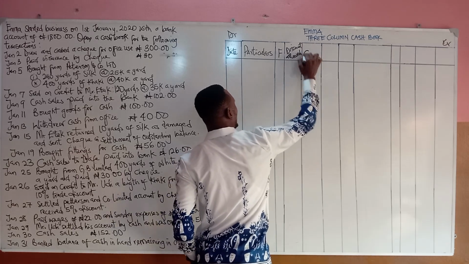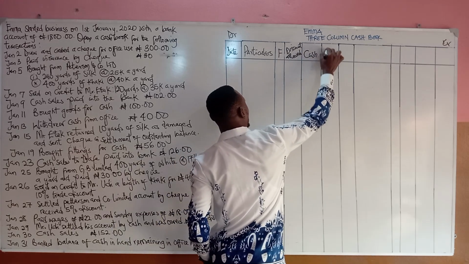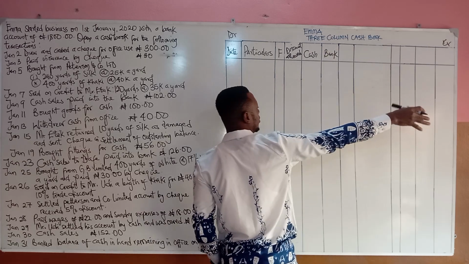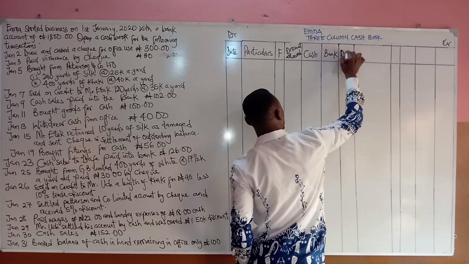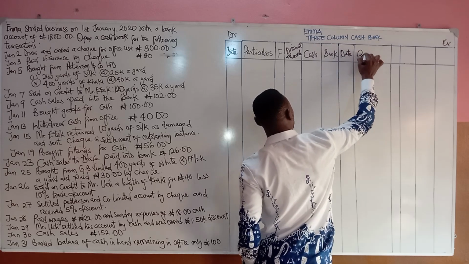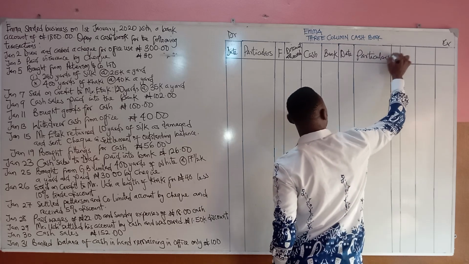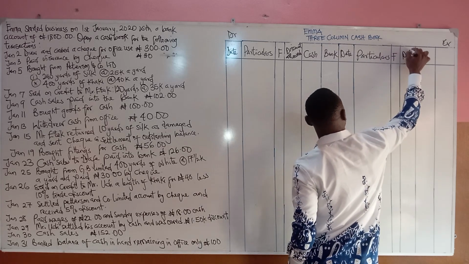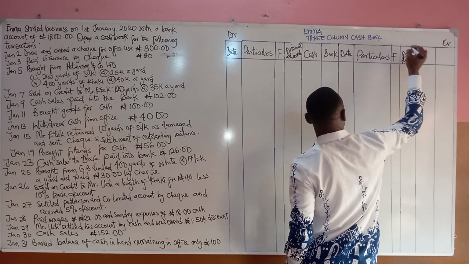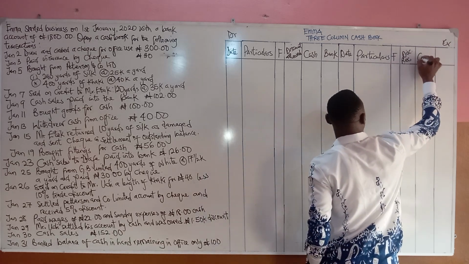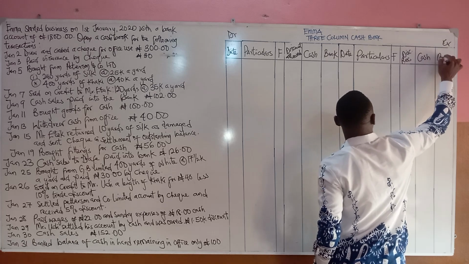After that, we have our cash and we have our bank. Then we replicate what we have here on the credit side. So this is date, particulars, folio, discount received, because you are buying, so it's your supplier that is giving you discount. Discount received, cash, and bank.